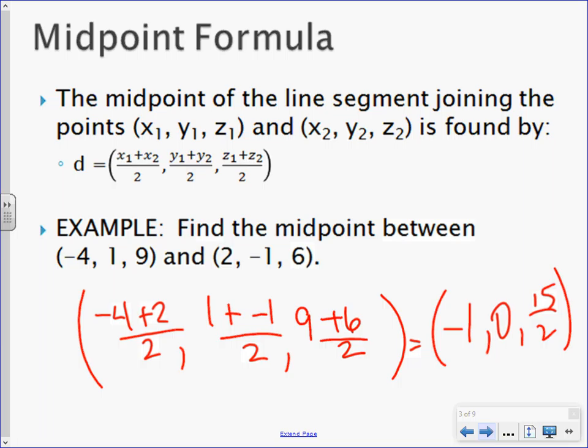Let's talk about some equations in 3 space. I'll write this on the board. If we had x squared plus y squared equals 4, if we graph that in a 2-dimensional plane, what would we get? A circle with radius 2. Okay?